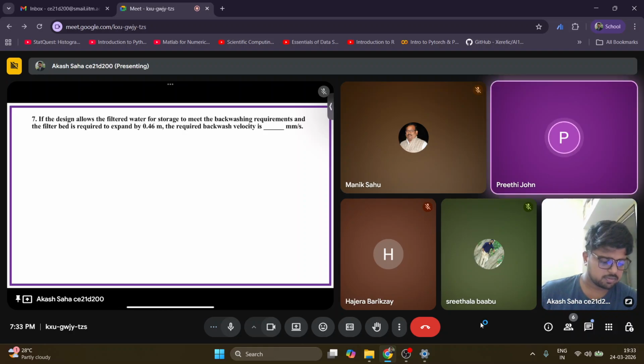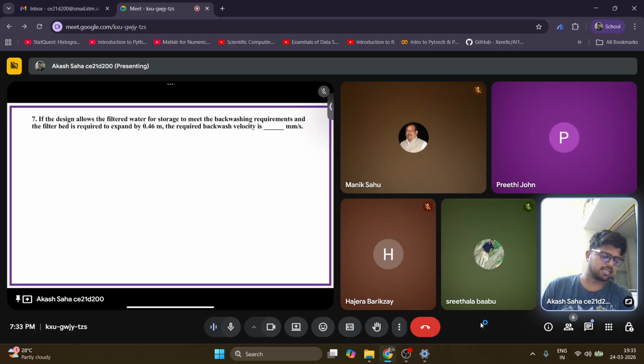Porosity of expanded bed is equal to velocity of backwash by settling velocity, the whole power 0.2247. Yeah, that is the Richardson-Zaki equation. But for that you need the porosity of the expanded bed. How will you calculate that?